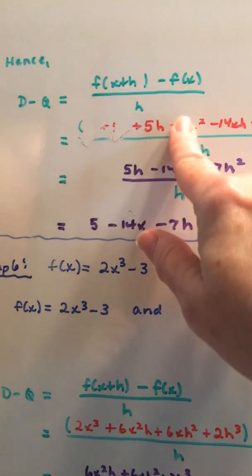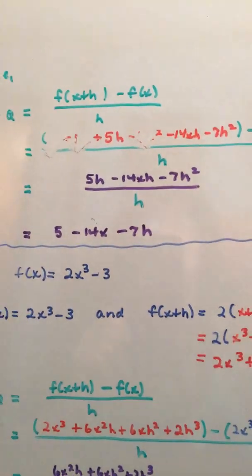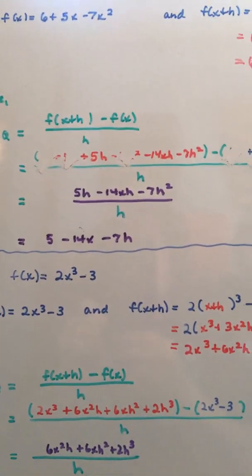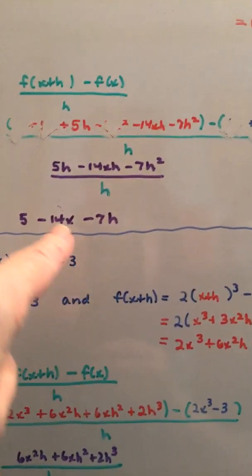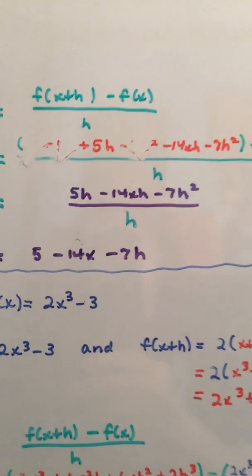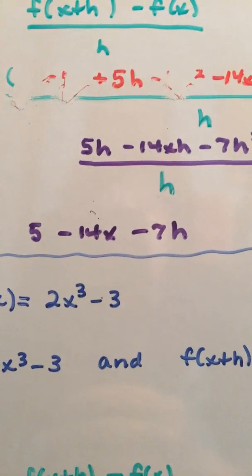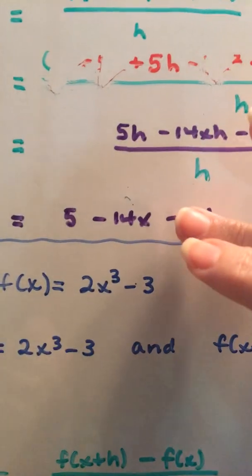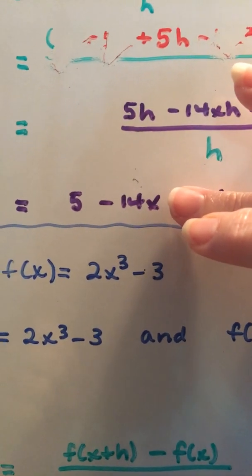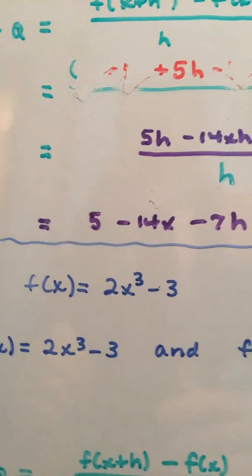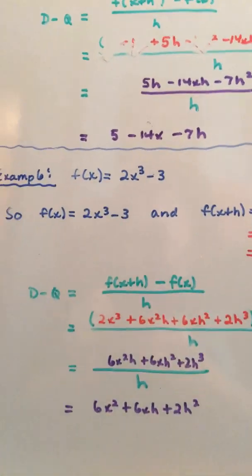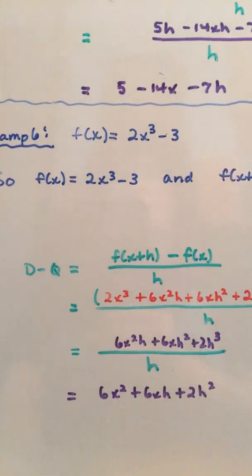And over here, -7x squared minus -7x squared is 0. The only thing left has h's. I take away an h. Here's my answer. If I were doing the limit, this would represent the slope formula. I could plug in any x and find the slope on my curve for the tangent line I would draw.